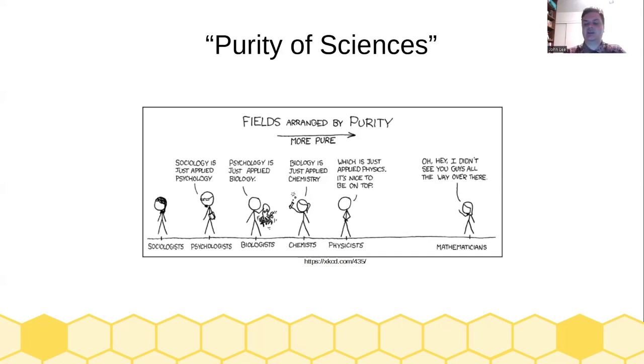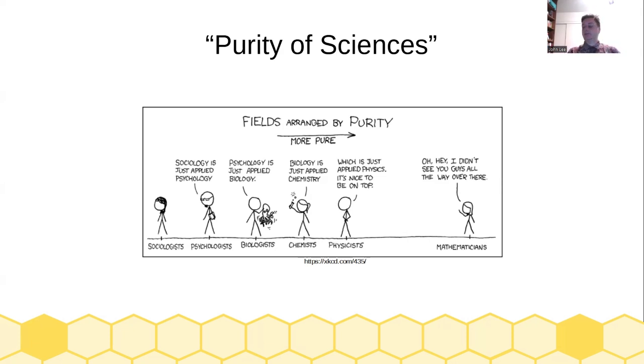So there is a subfield of physics called quantum mechanics, which, among other things, predicts that electrons in an atom have fixed orbitals.